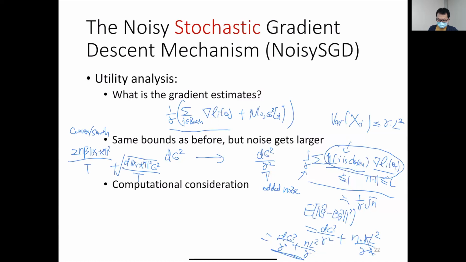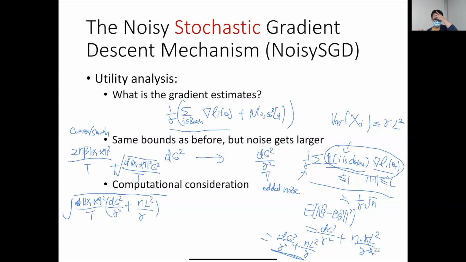So now we're saying that we're replacing this d sigma square with something else. Let's not worry about the first term. Let's talk about only the second term, and then this becomes d ||x1 minus x star||^2, and the sigma now becomes d sigma square over gamma square, and then plus this additional term of n L square over gamma.